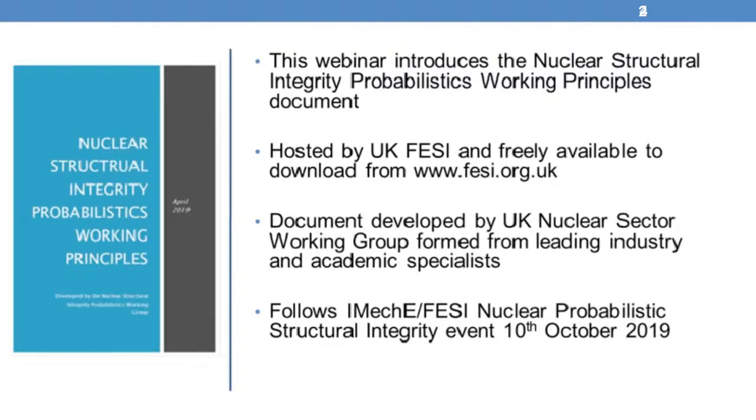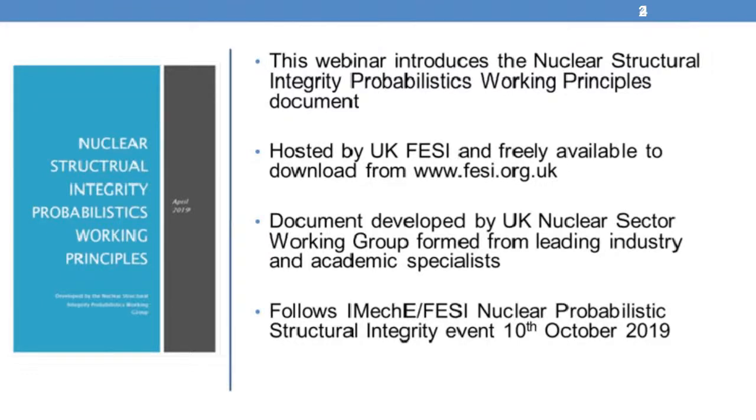And there was also input from codes and standards representatives, including BS 7910 and the R5 panel and also ASME. A number of the talks throughout the day of that October event were from members of the Probabilistics Working Group. And I also provided a talk introducing the working group and the plan to publish a working principles document in a freely available format.